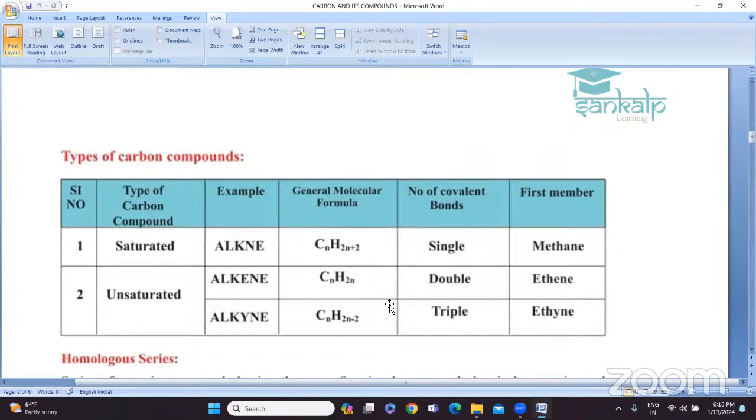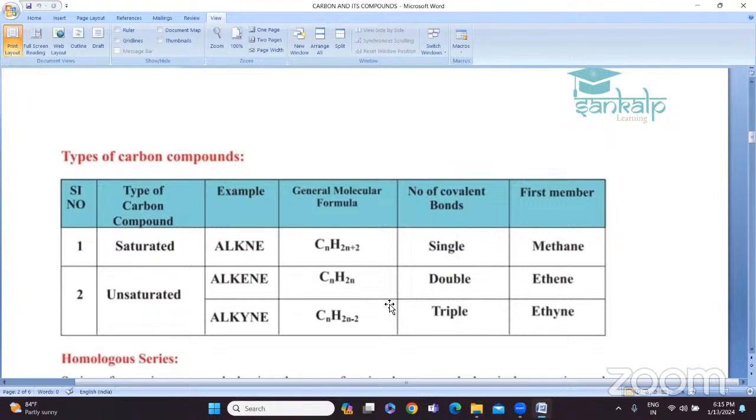In the types of carbon compounds, there are two types: one is saturated, another is unsaturated. What do you mean by saturated? Saturated carbon compounds are made up of single bonds, carbon-carbon or carbon-hydrogen bonds.